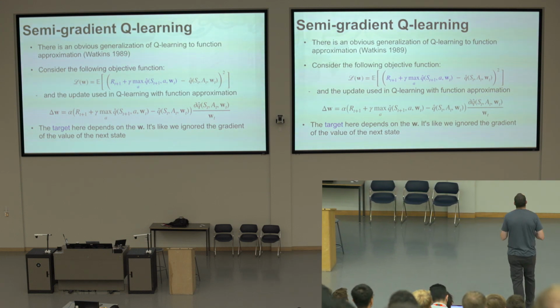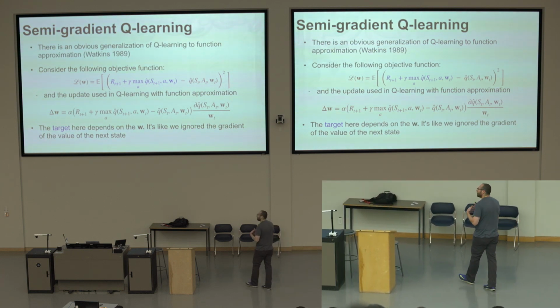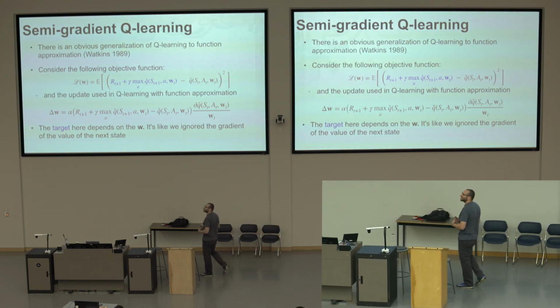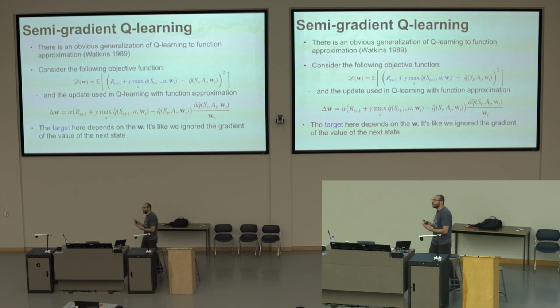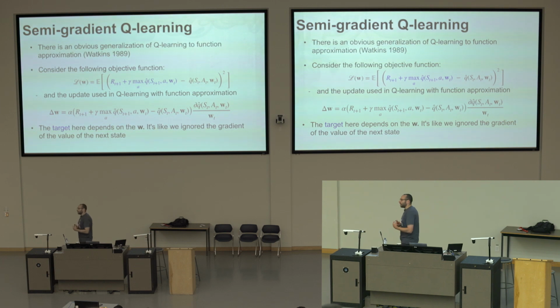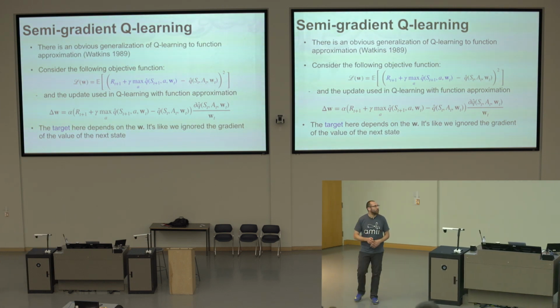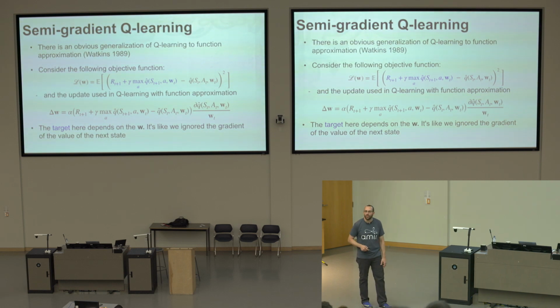That's if you start with an objective like this and you get to the Q-learning update, that's why we don't say Q-learning is doing gradient descent. We call it a semi-gradient method, because it's leaving out part of the gradient. So this algorithm is fine, it's easy to implement, it works really well in practice. If you're doing this in TensorFlow, you'd put a stop gradient on this thing here.